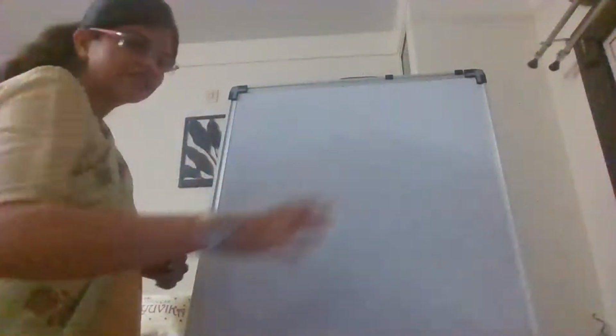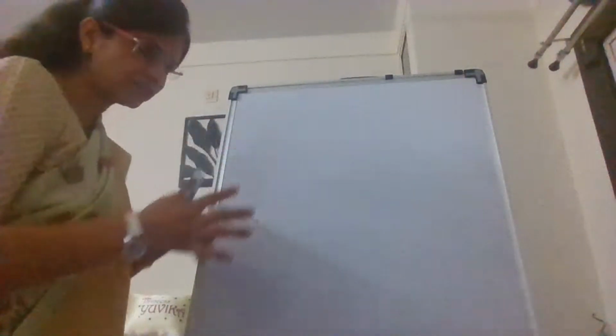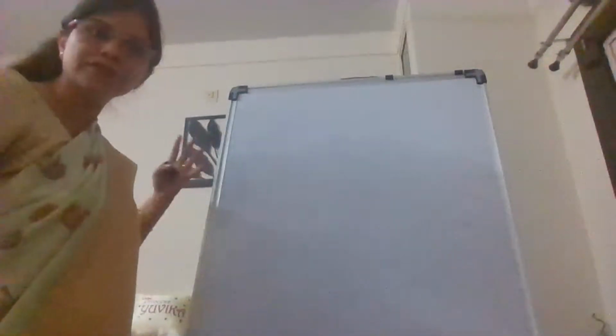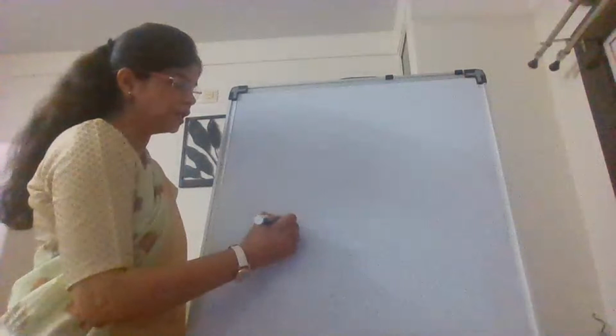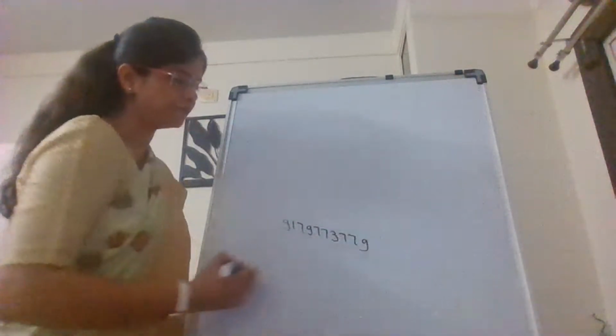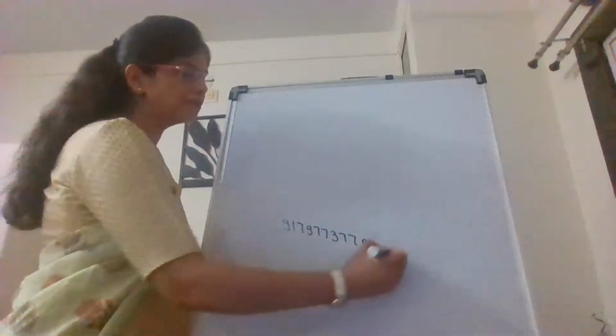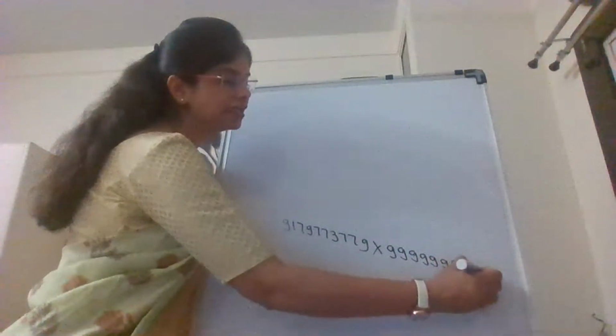I can show you one magic. Okay, I won't tell you the trick. I will just show you the magic, how Vedic math works with bigger numbers. I'm giving you the number 9179773779. And I have to multiply this number with 1, 2, 3, 4, 5, 6, 7, 8, 9, 10.